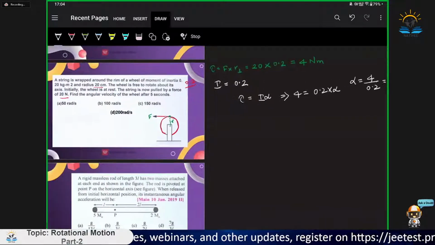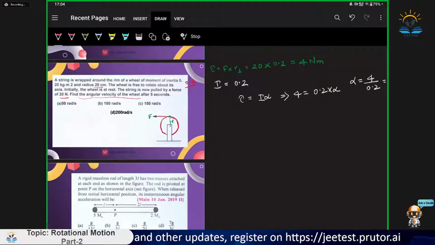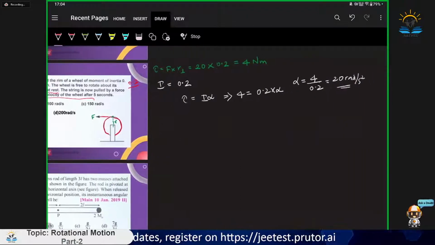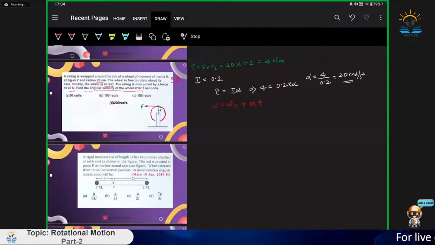And we have to find out the angular velocity of the wheel after 5 seconds. The wheel is at rest initially. So we can apply which equation? v equal to u plus at, here omega equal to omega naught plus alpha t.